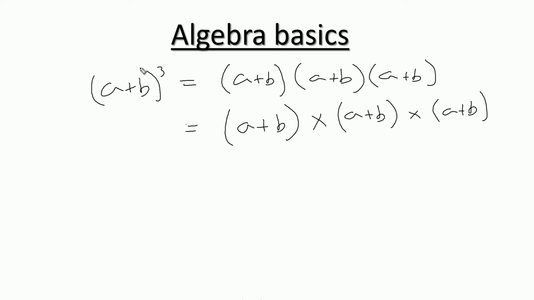Of course this one is preferred because it's the most compact, but in an exam you might be asked to simplify or write the operations of the implied expression, in which case you would write this, because it is asking you whether you understand what this expression actually means, and it means it's A plus B, whatever is inside the brackets, times by itself 3 times.